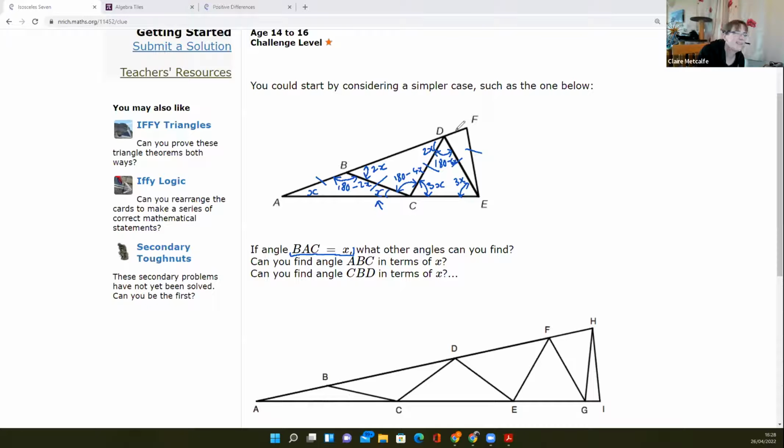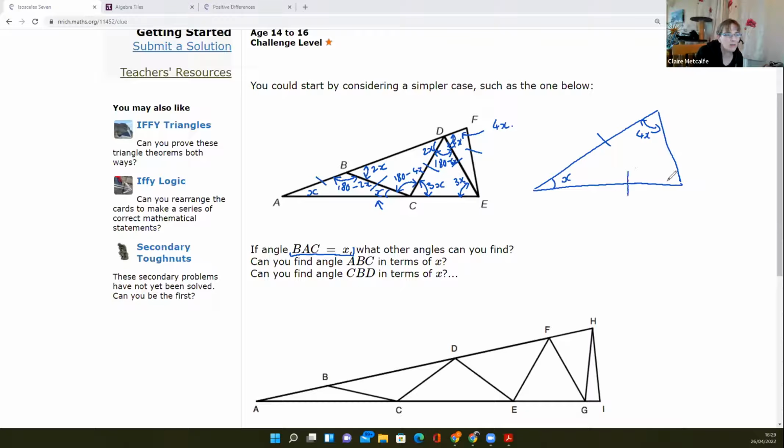Apologies. Okay, so what's this one? I might have to draw a bigger triangle in a second. Okay, yep, so this one is 4x. And then this means that this one is also 4x. So we have worked out that this is x and this is 4x.